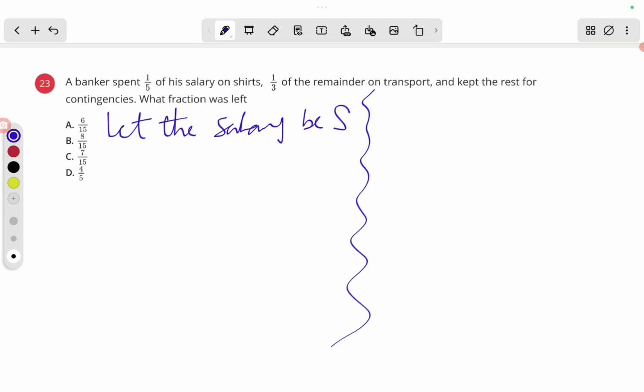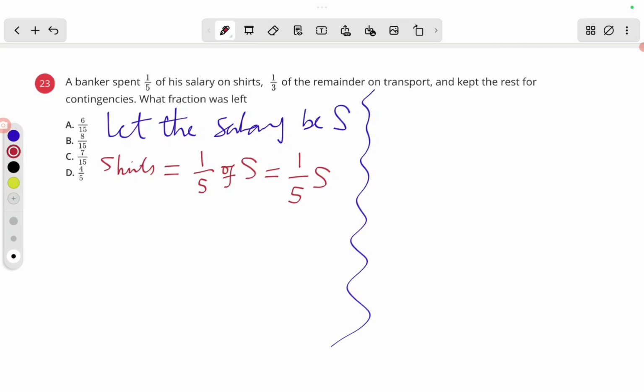So the first one is that he spent 1/5 of the salary on shirt. So for shirt now is equal to 1/5 of the salary. This is same thing as 1/5 x.